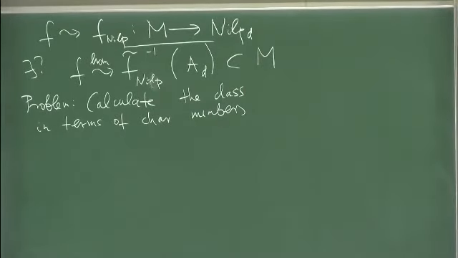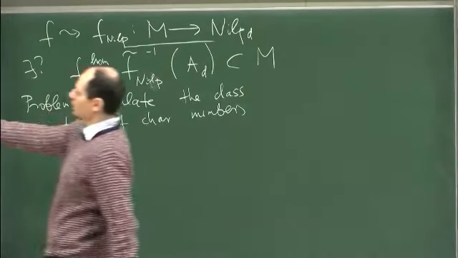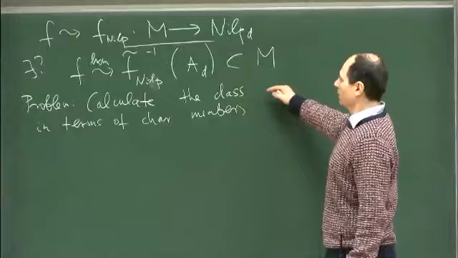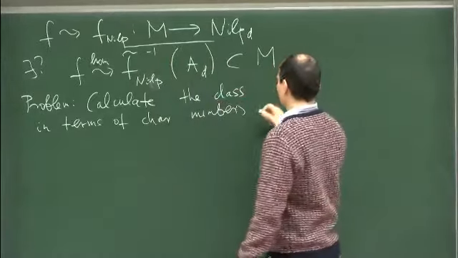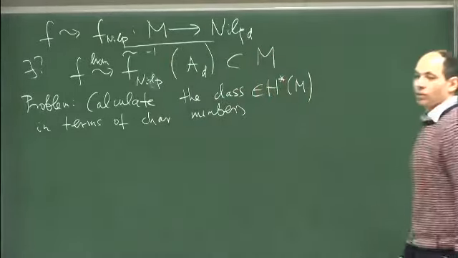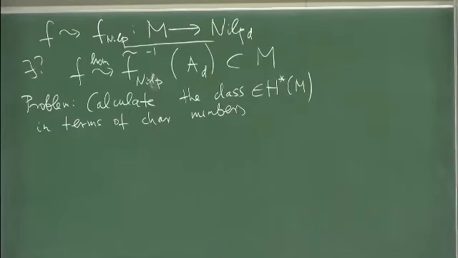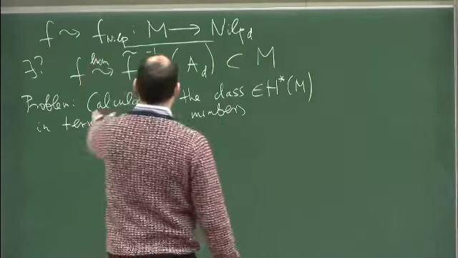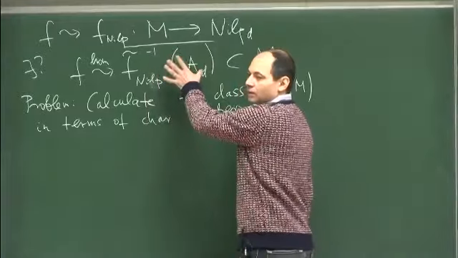Okay, so this is clearly a somewhat stronger thing that we could do here. Obviously, if we calculate this class, say in the cohomology of M, and it is non-zero, then it's clear that we cannot avoid this thing. Of course, it also involves the statement that this class is well-defined.